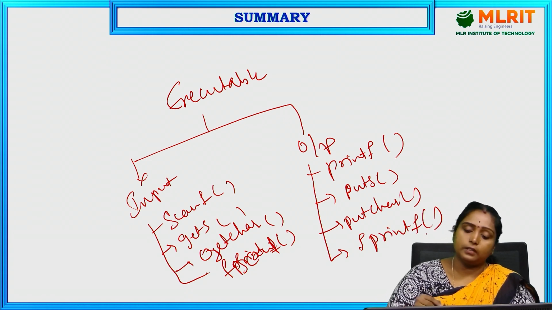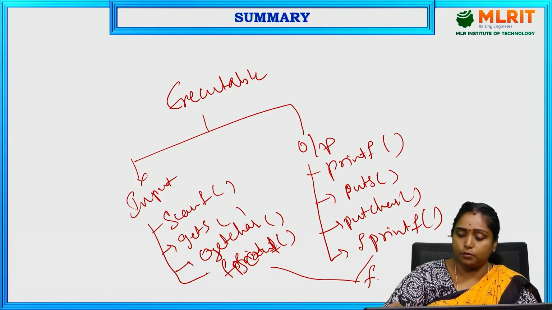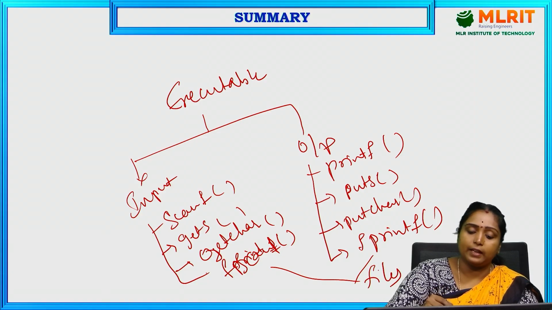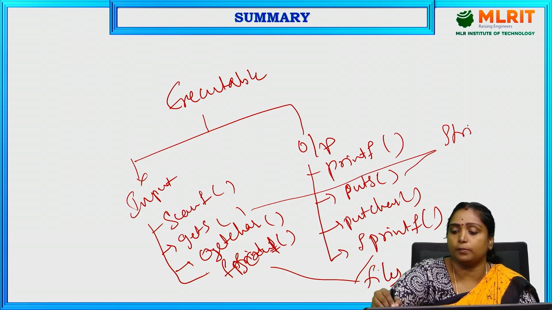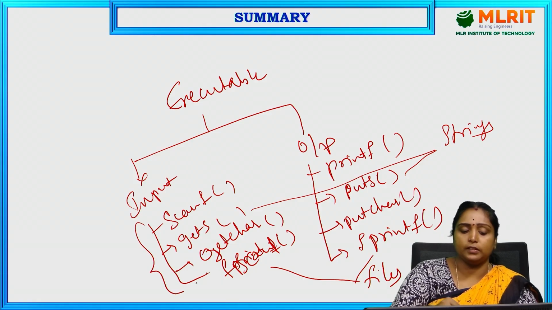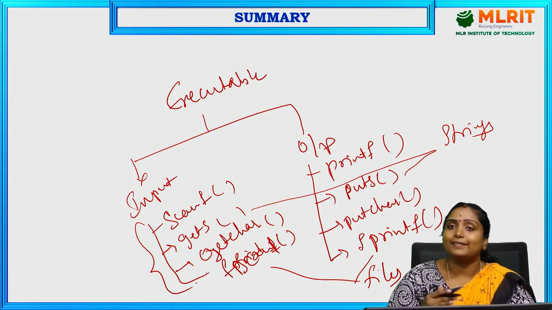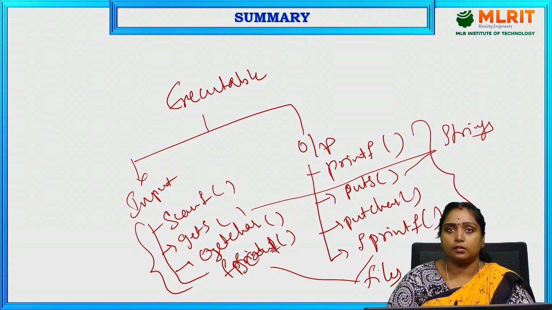So fprintf and fscanf are used in the files concept, whereas gets and puts will be seen in the strings concept. In order to read anything, we are going to use the input functions. In order to print something on the console screen, we are going to use the output functions. So this is what we have seen in this session. Thank you everyone.